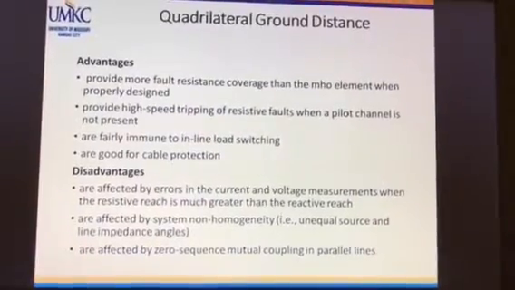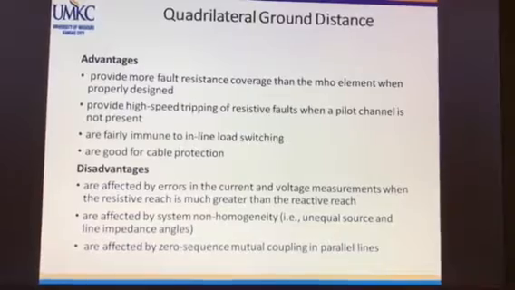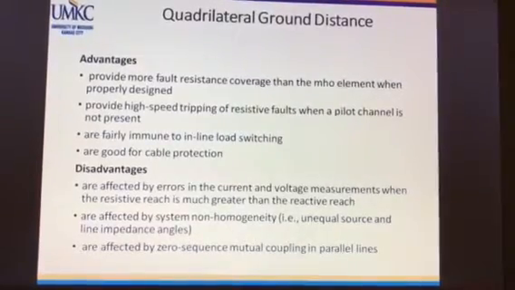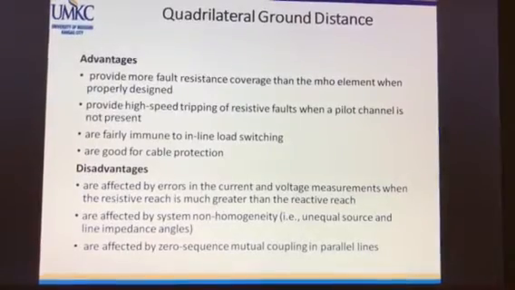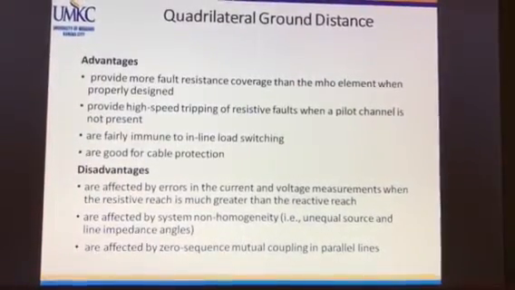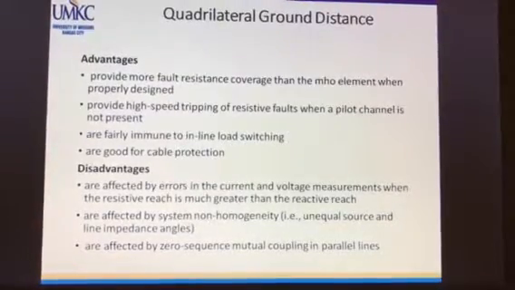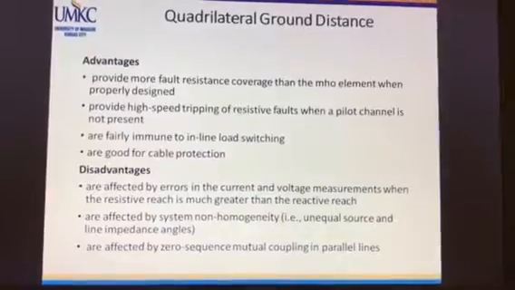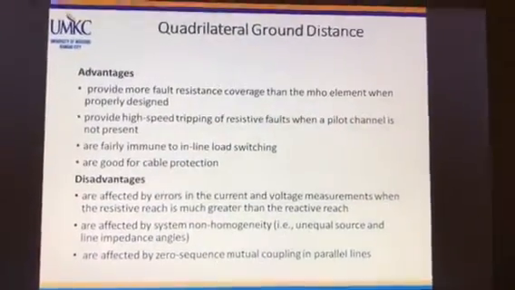Some of the disadvantages are that these are affected by errors in the current and voltage measurements when the resistive reach is much greater than the reactive reach, and are also affected by system non-homogeneity, that is, when the sources are unequal, and the source angle and line impedance angles are unequal, and these are also affected by the zero sequence mutual coupling in the parallel lines.